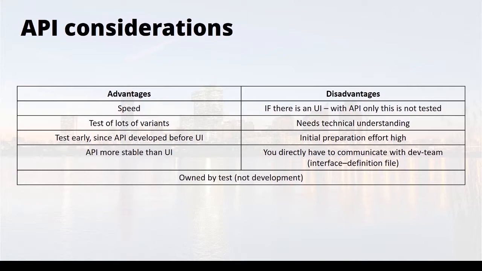With this speed, you can go with a lot of different variants, so data combinations or scenarios, in a very short time span. Also, you are testing early since the API is developed before the UI. And also the API is more stable than the UI.